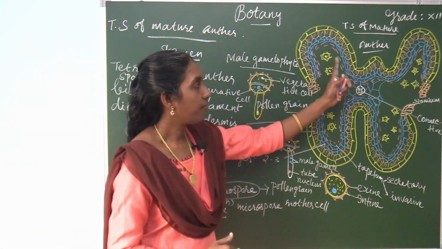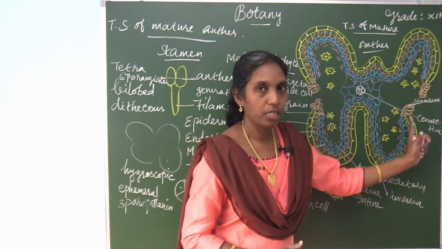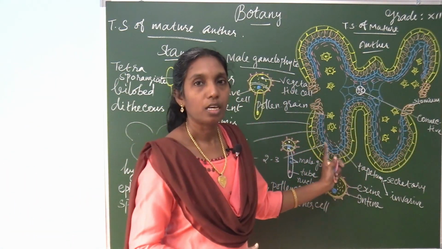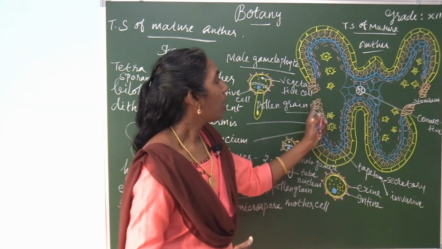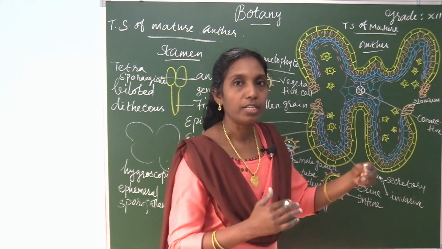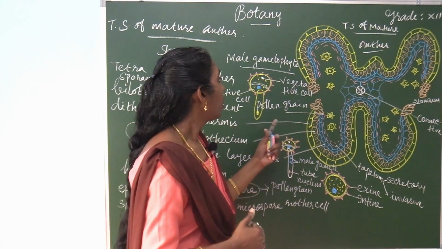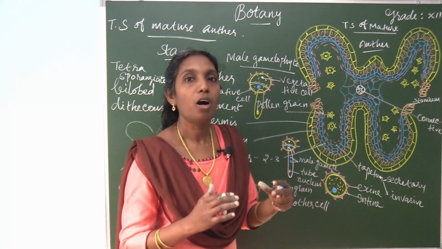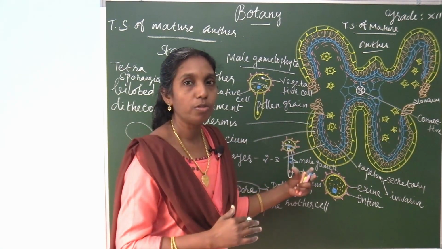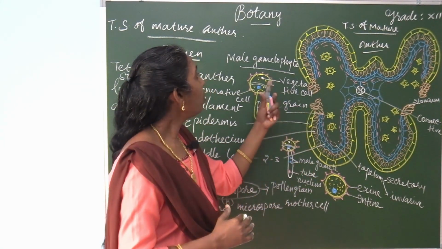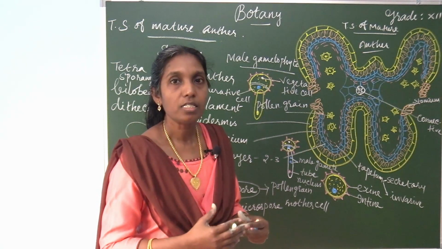The structure and function of each layer and this diagram are very important. Draw this diagram in your class note and learn the functions and structure of each layer. Then learn the male gametophyte, how the pollen tube develops and how the male gametophyte is formed.